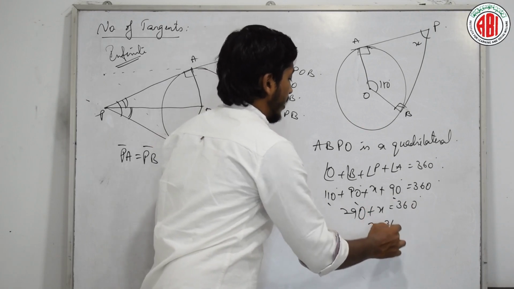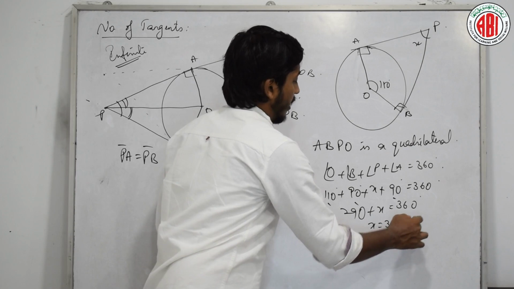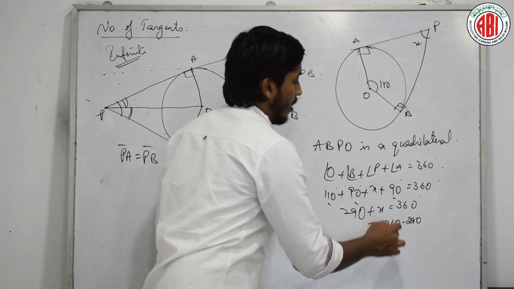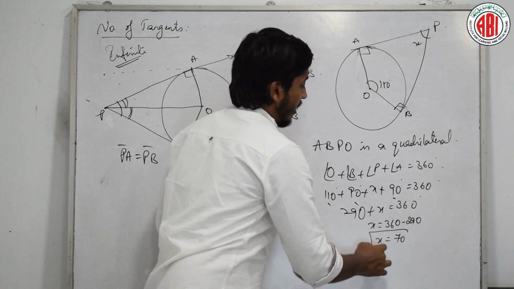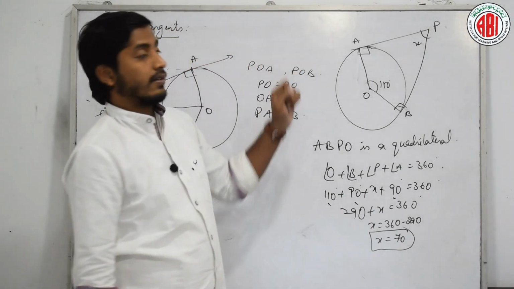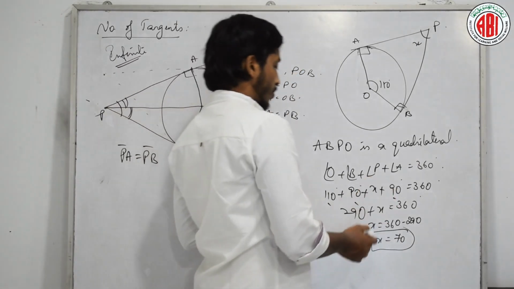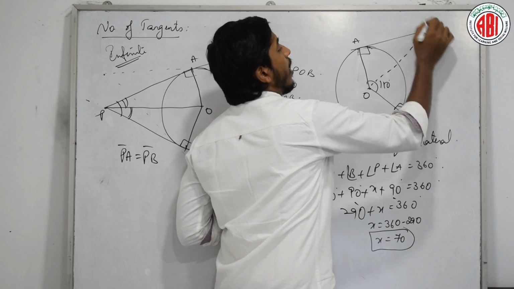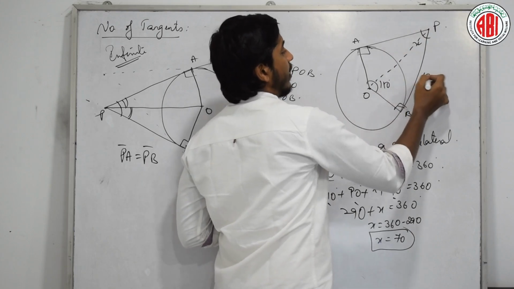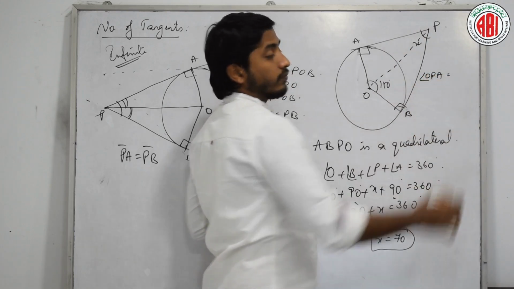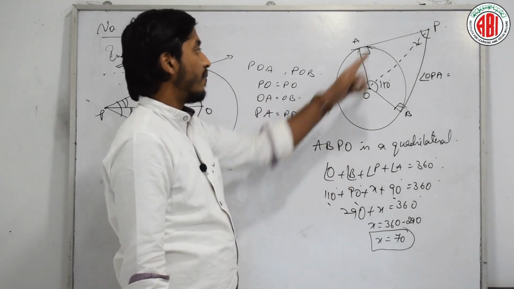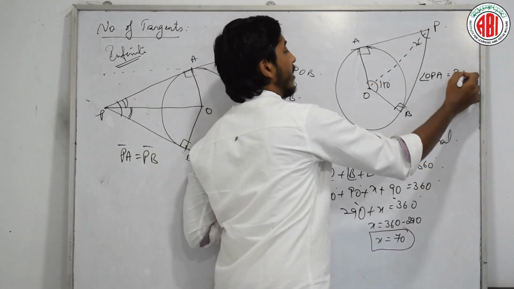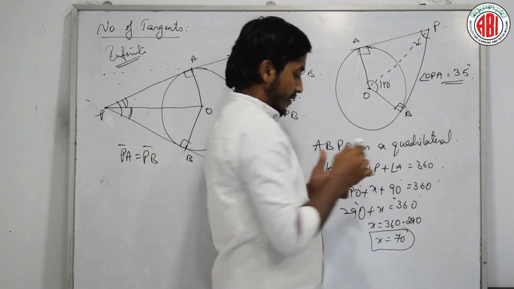X is equal to 360 minus 290. That is x is equal to, how much is it? 70 degrees. Right? What if they ask you to find half of this, that is angle OPA, that is half of my x, that will be 35 degrees.